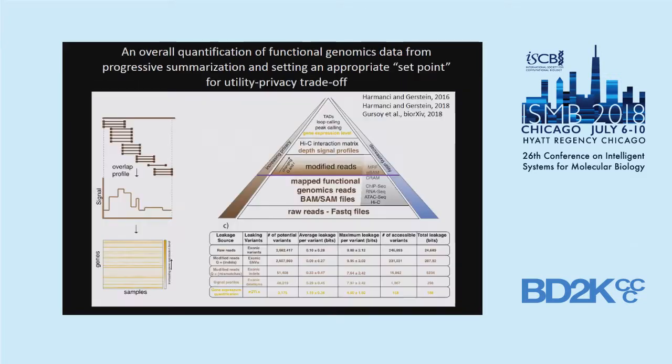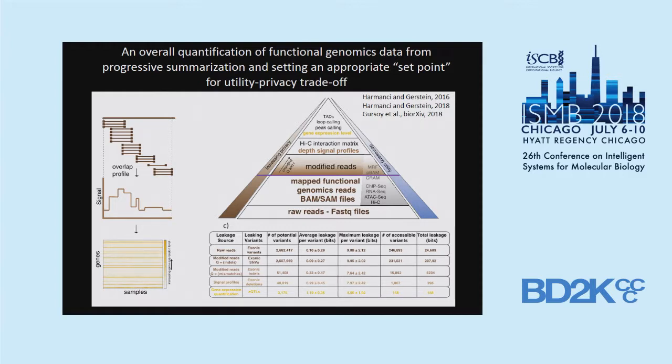So combined with this work and our previous work done in the lab that was also supported by BD2K, we can now quantify private information leakage at every step of functional genomics data summarization. What I showed you here is the leakage from the raw reads and the BAM files.